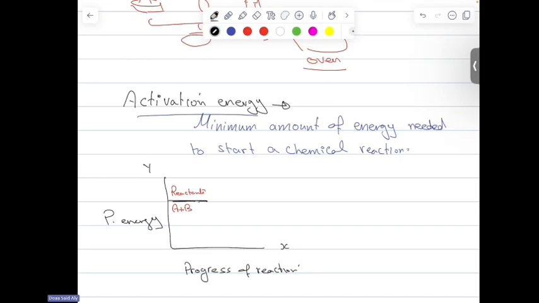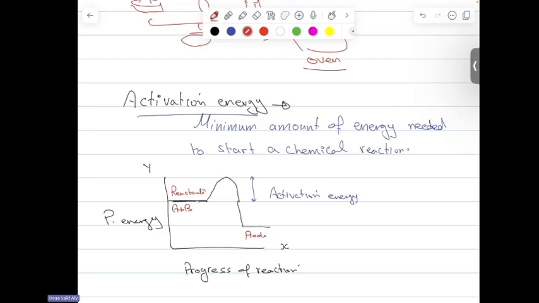What happens? For A and B to combine chemically together, they need a minimum amount of energy, which is the activation energy. So the height of this curve represents the activation energy. Then they form the products.